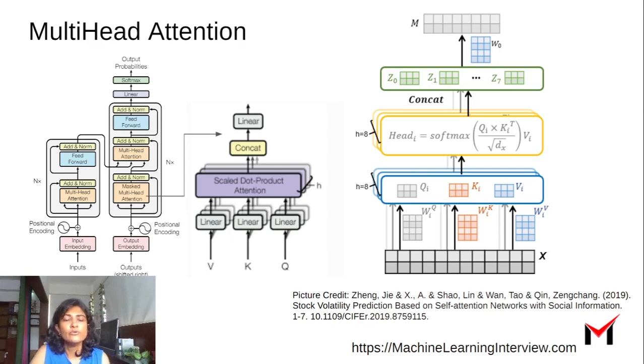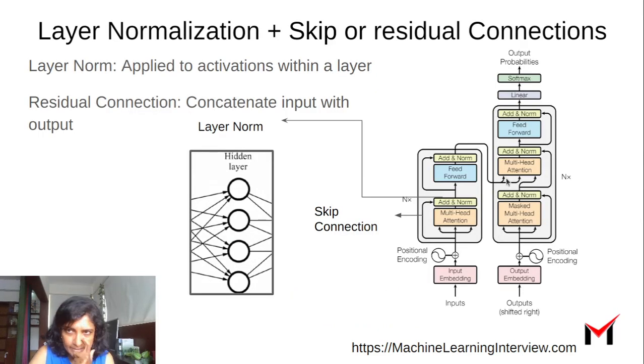We'll not go into a lot of detail on this. We'll cover this in another video. The output from each of these heads is typically concatenated and then given for further processing to other layers, right?